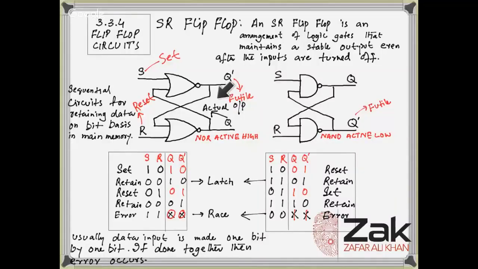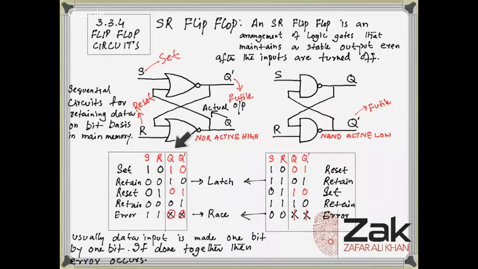So we do it one by one. So if it is set, S is 1 and reset is 0. Reset is when we make any register, any circuit, any input 0, it is called reset. And when we make it 1, it is called set.